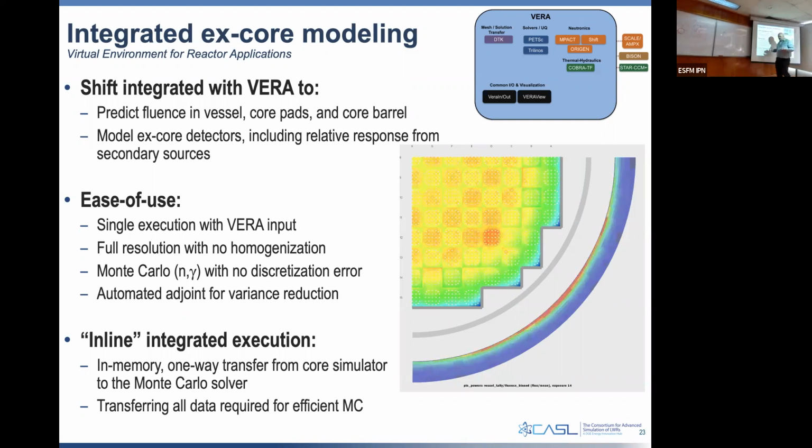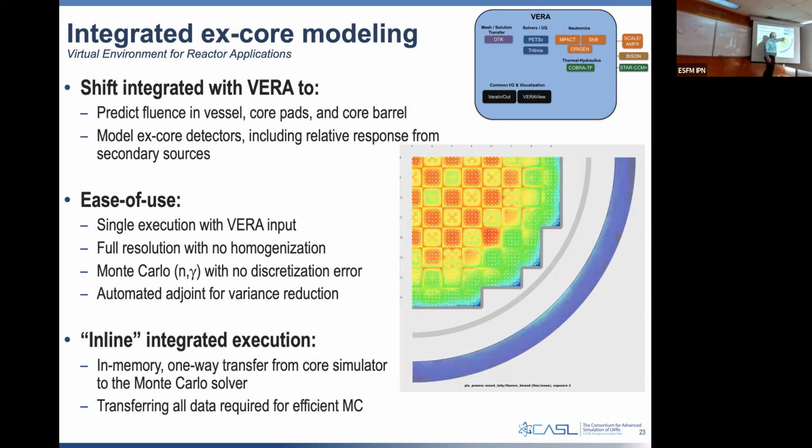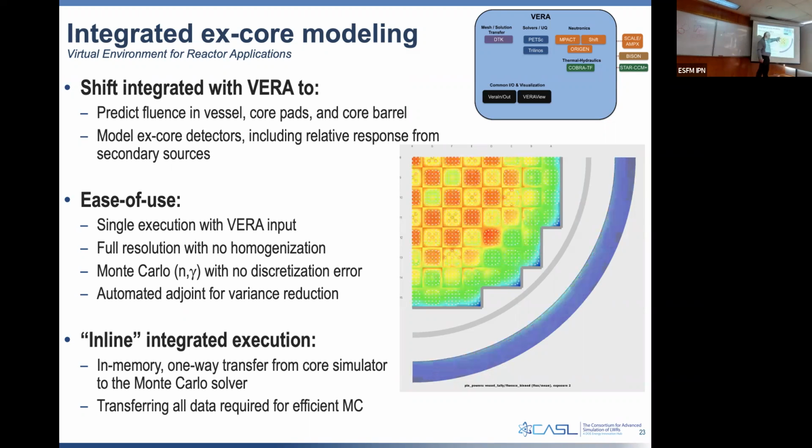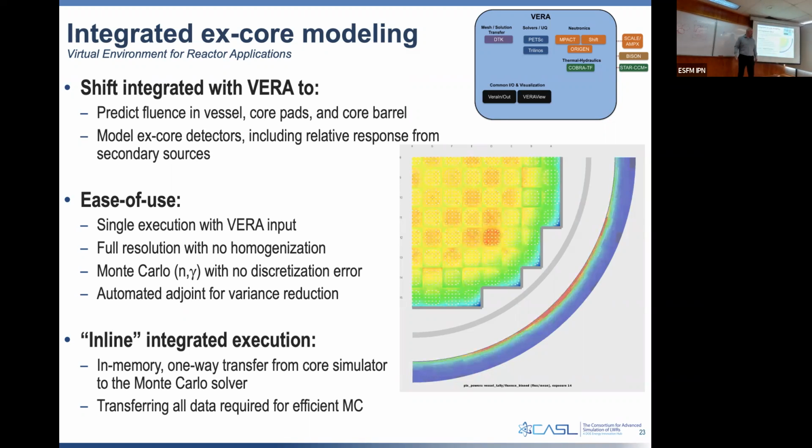And so you have a real benefit: if we know the fission distribution coming from our reactor core, which Impact can tell us at any moment in time, we could feed that fission distribution, that source of neutrons, to a Monte Carlo code, and it could just do a fixed source Monte Carlo calculation.